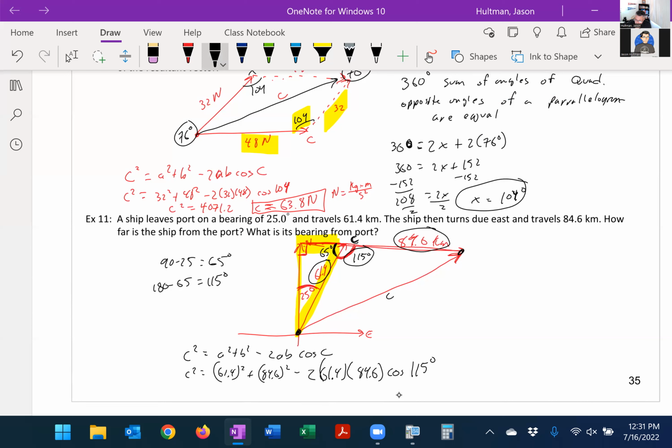115 degrees. Okay, so I'm going to move over here. C squared is going to be approximately what?